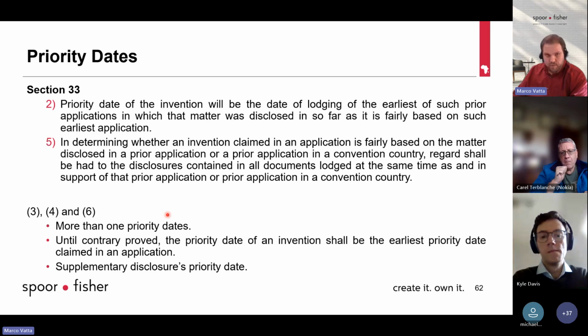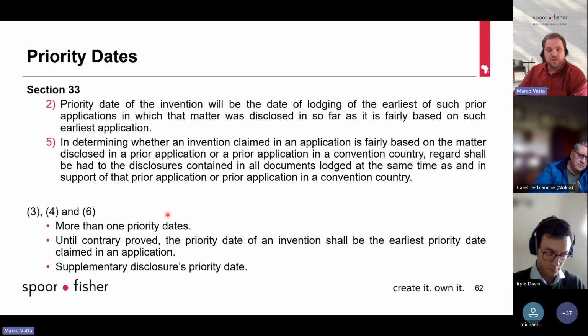So if ever there needs to be an assessment of whether the complete is based on what is disclosed in the priority document, it mentions that all the documents lodged in terms of that priority document need to be assessed in making that assessment.